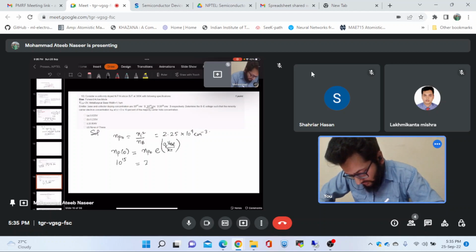This will be equal to 2.25 into 10 to the power of 4 times exponential of VBE by 26. Let us take this 26 millivolts.